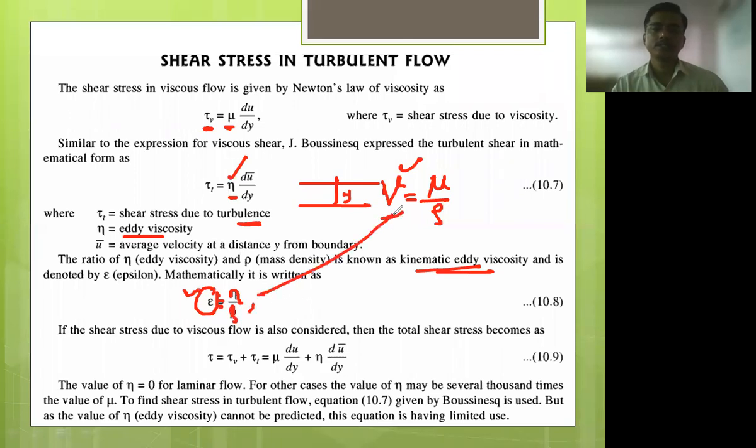So you can see the similarity between these two. In the denominator there is rho, here also rho. In the numerator there is a dynamic viscosity, and here it is the eddy viscosity.